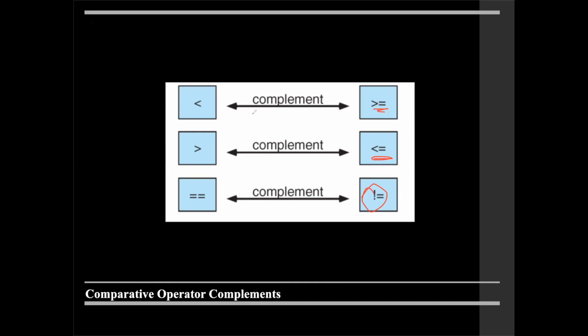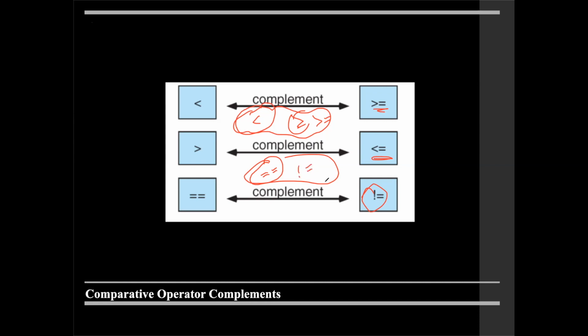If you look at the entire hemisphere of the problem space, if this portion is less than, then the other portion is greater than or equal to. In mathematics, that's how we express it; in C++, we use greater than or equal to that way. Same thing with equal: if part of the problem space is equal to, then everything outside of it is not equal to.